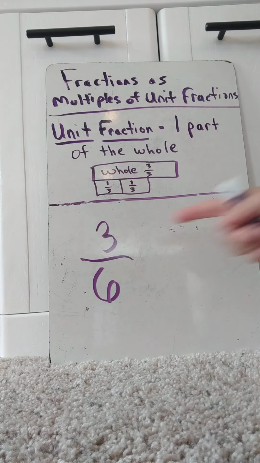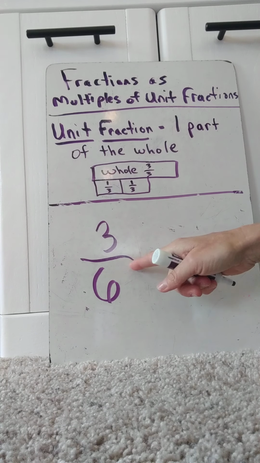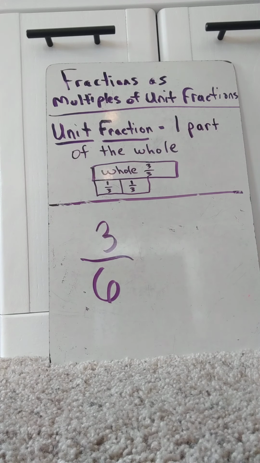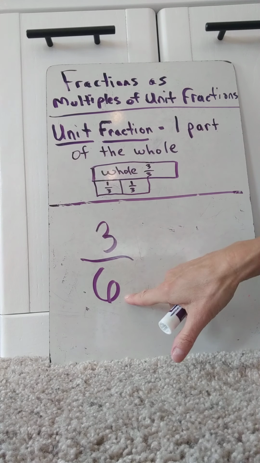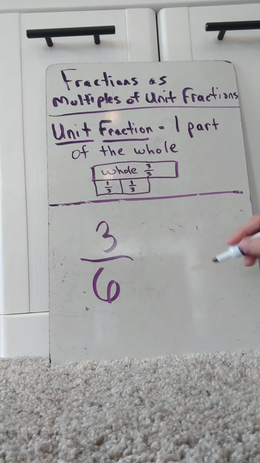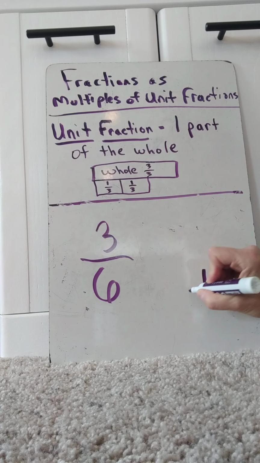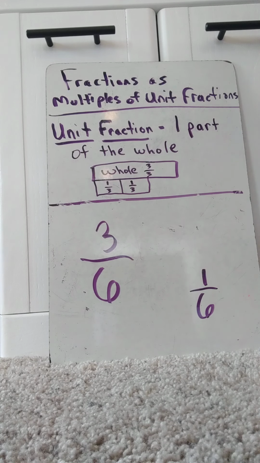That's the answer. What you're going to have to do is look at this and say, how many equal parts are there? What is this broken down into? It's broken down into 6, so I know each unit fraction is 1/6.